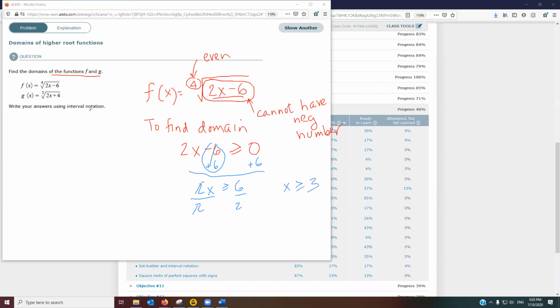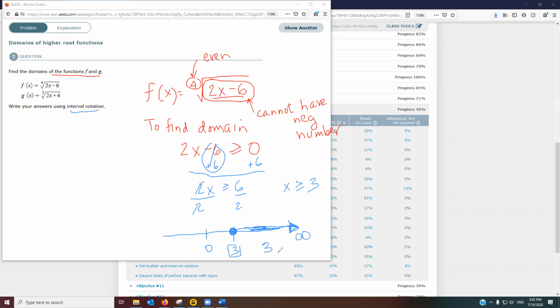But they want the answer in interval notation. So let me go to a number line here. Here's 0. Here's 3. So they want me to write in interval notation this graph here. Okay. Well, the way you write this in interval notation is you write the left side and the right side. The right side is going to infinity.